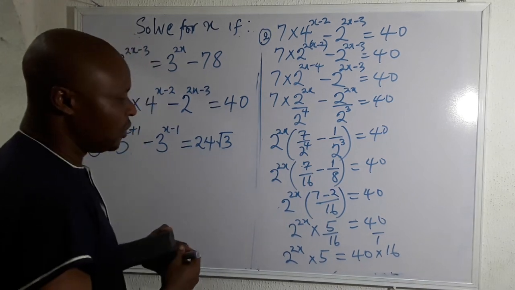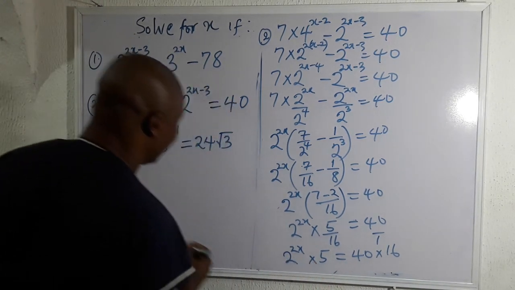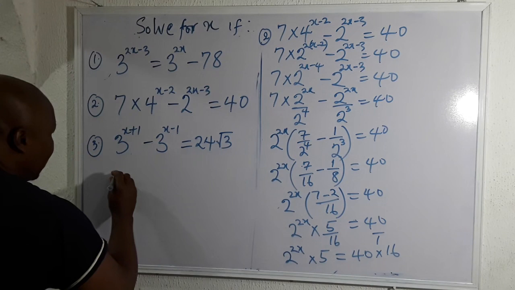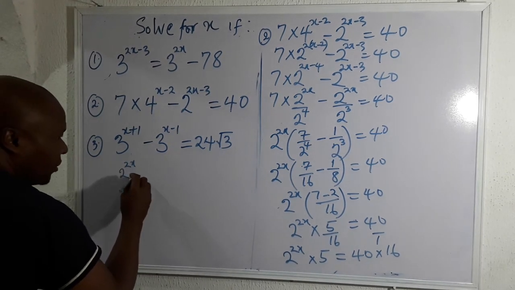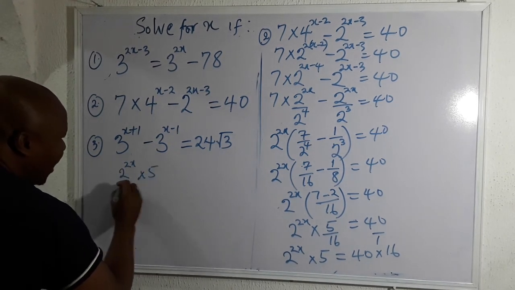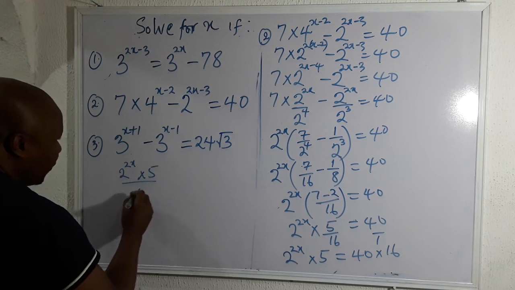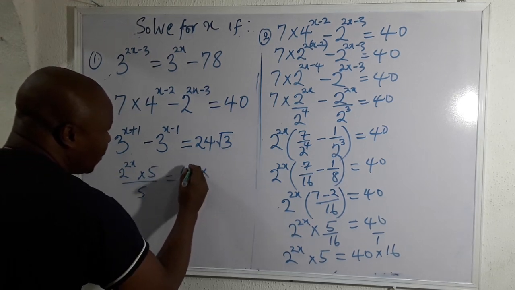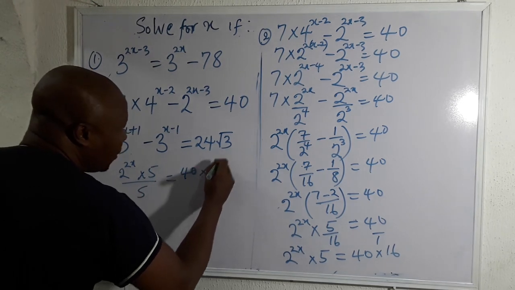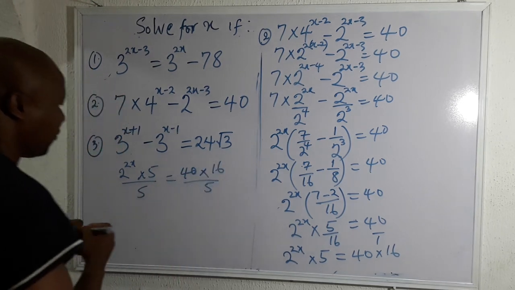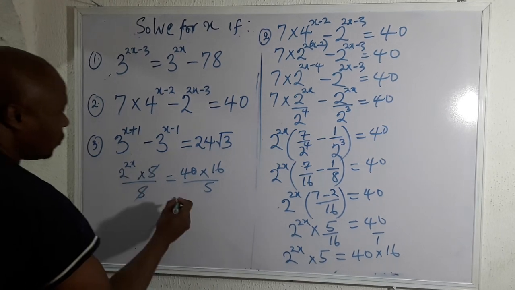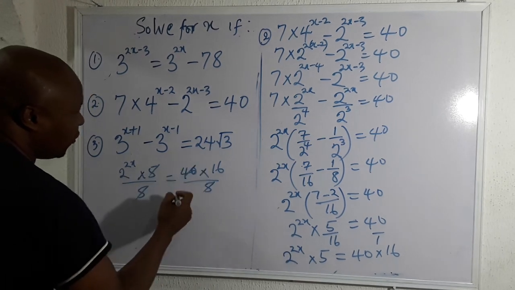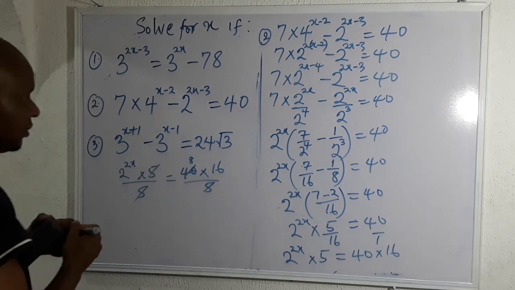So what we can do is to divide both sides by 5. If we do that, we have 2 raised to the power 2x times 5 over 5 is equal to 40 times 16 divided by 5. So 5 can go into this 5, and 5 into 40 is 8.